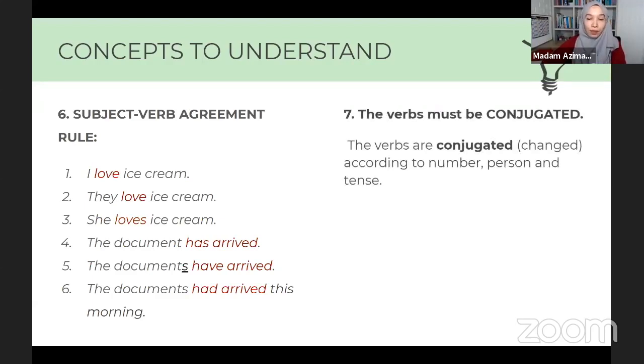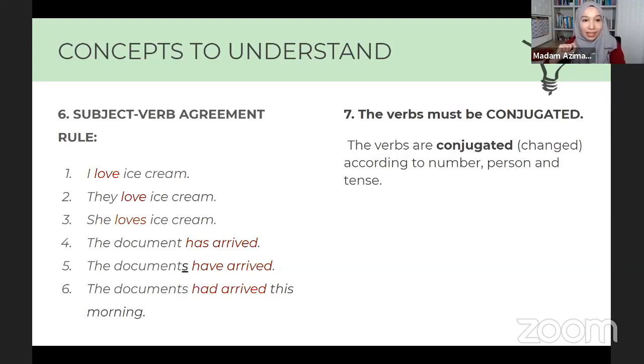Okay, now let's talk about the seventh concept. That is the final concept. The verbs must be conjugated. So I want you to write that word down. Like, what is conjugated? What is that? The verbs must be conjugated. So conjugated means it must be changed.